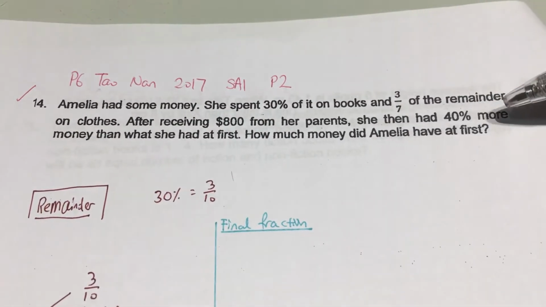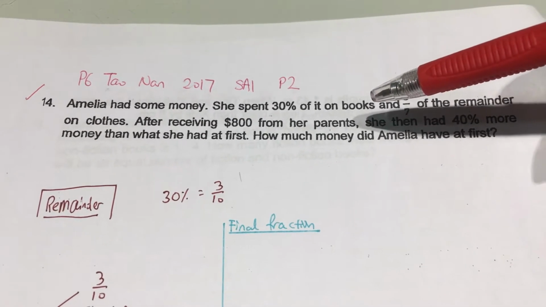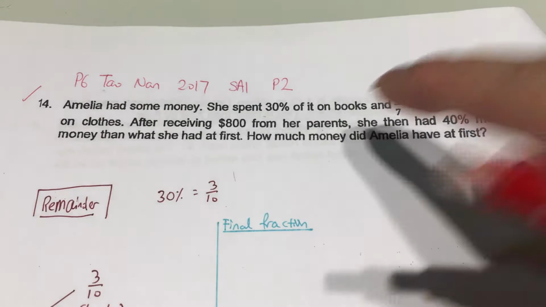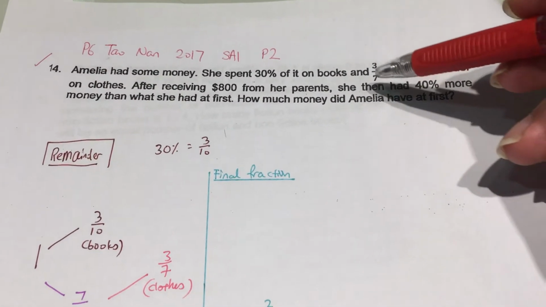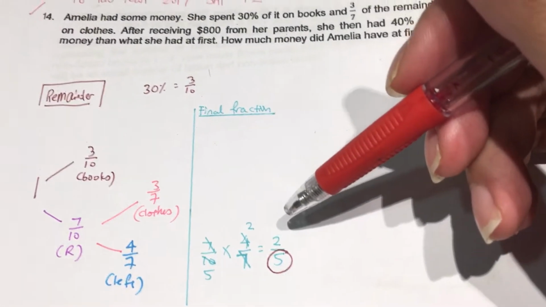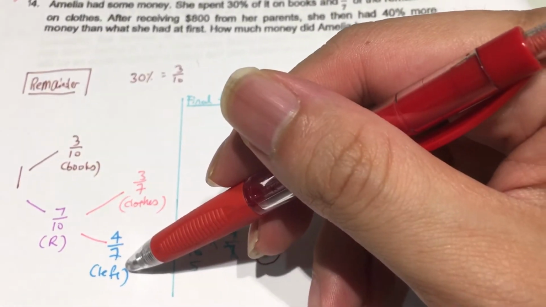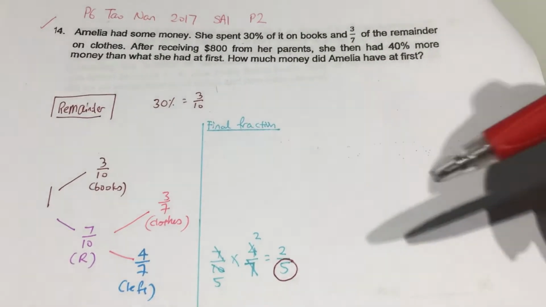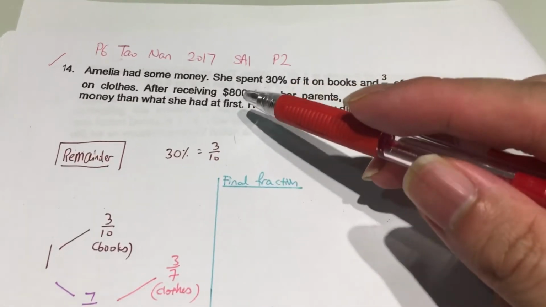There is some additional information that requires the child to meddle with the last part, which is how much she had left. Okay, she had left, and then you have to do something with the $800.